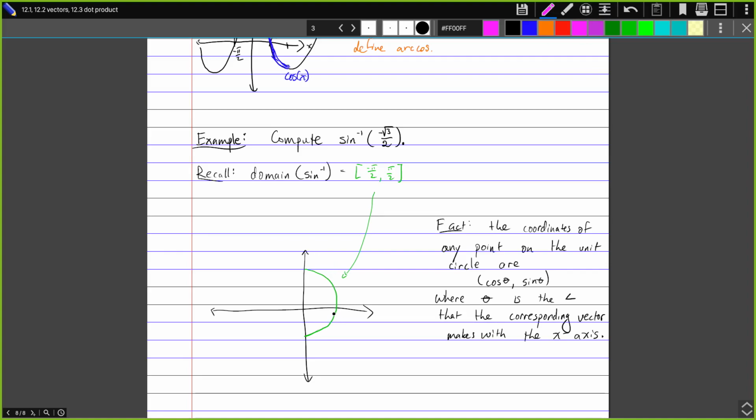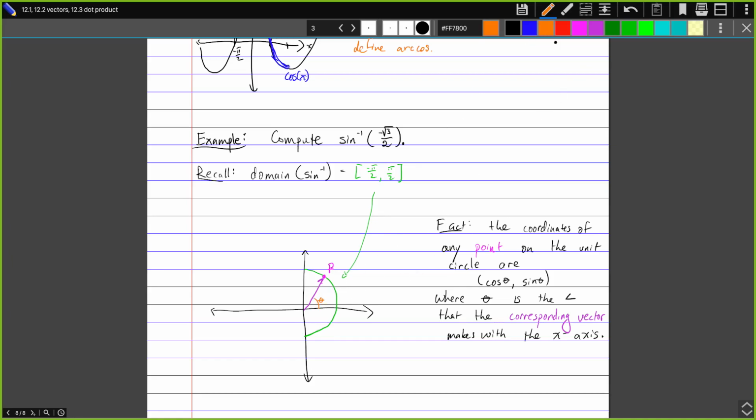If I've got some point, maybe up here, I'll call that P. Then that gives me a corresponding vector, and then I've got my angle theta.